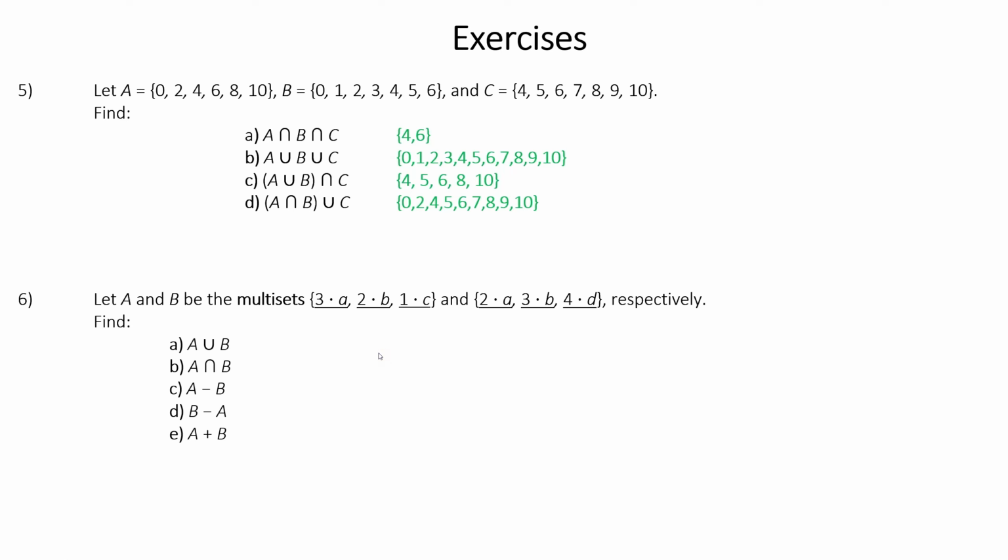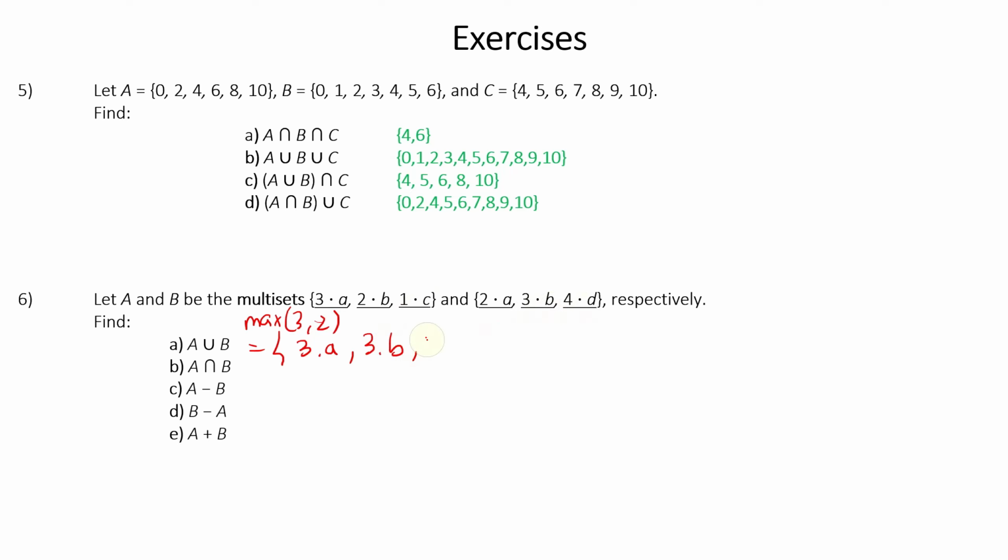Okay, what about now A union B? So what is going to be the answer for this? Remember, when I'm doing the union, I'm looking for the max of the two numbers that they have. For example, for A I have 3, and for the other A I have 2. That means this is going to be 3A. What about the B? The max is 3B. What about the C?